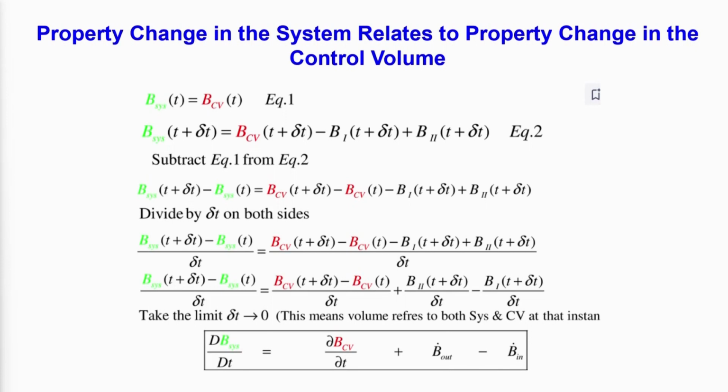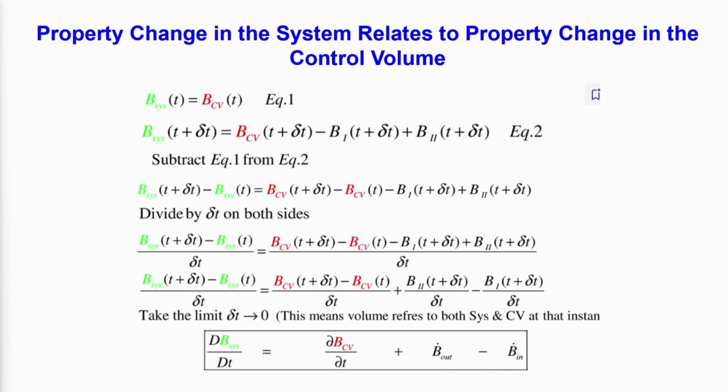Why are we so interested in that? Anything related to the system, which is the control mass system, you can relate with Newton's second law of motion, because that is how Newton's laws are stated in the Lagrangian framework. So, you subtract and divide by delta t and take the limit as delta t tends to 0.